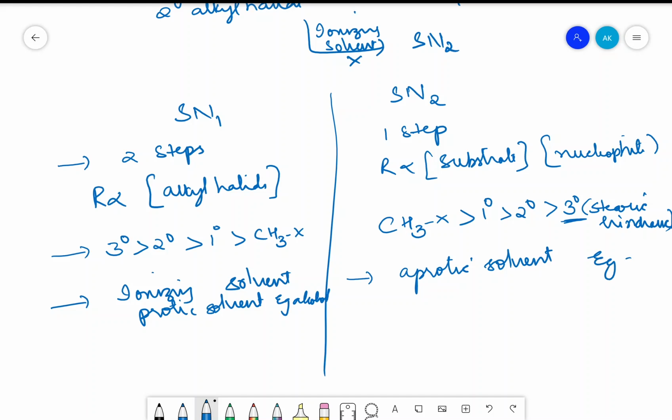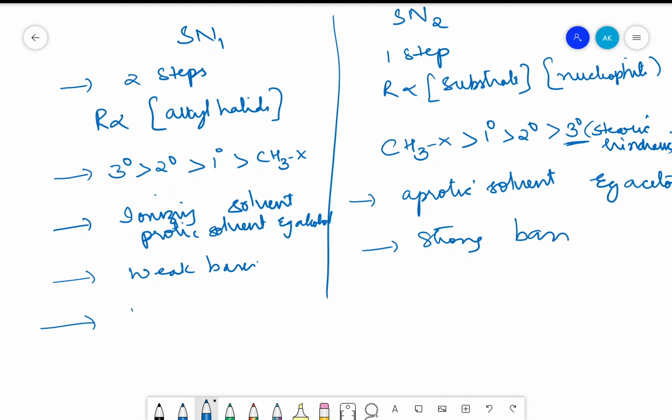An example of an aprotic solvent can be acetone. SN1 can occur with weak bases, SN2 with strong bases. You can add one more: this is unimolecular, this is bimolecular.